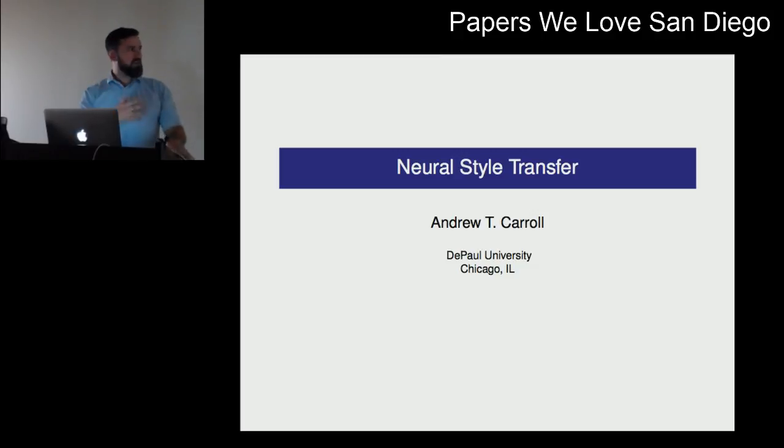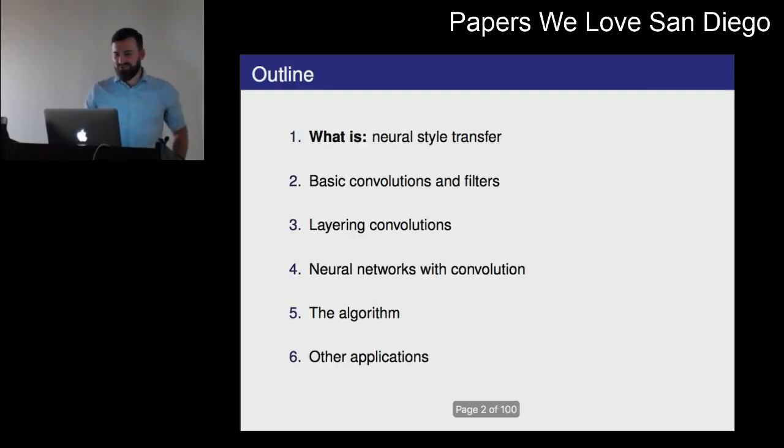So I'm going to talk a little bit about image processing and feature extraction from images for a longer part of the talk. And then toward the end, I'll tell you the cool machine learning, deep learning portion. But I'm happy to stay after and talk about what is a neural network.